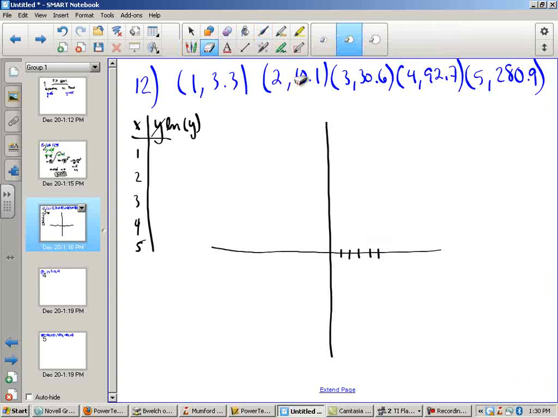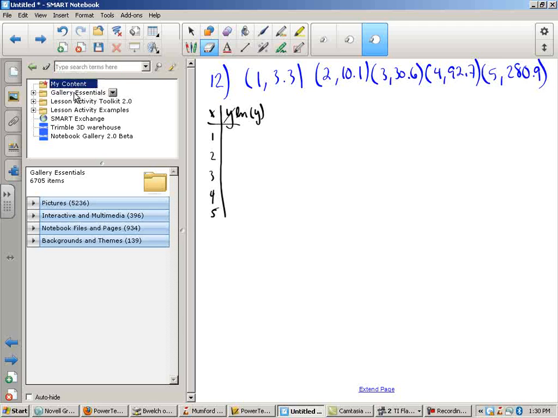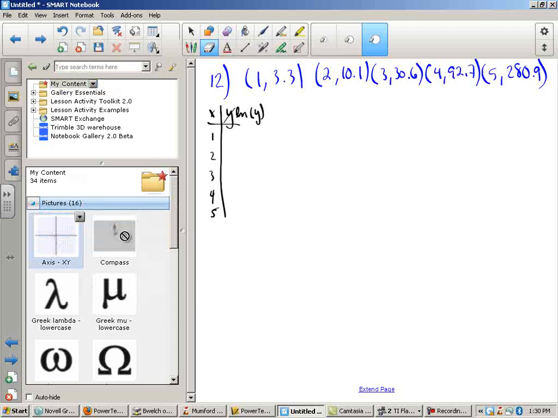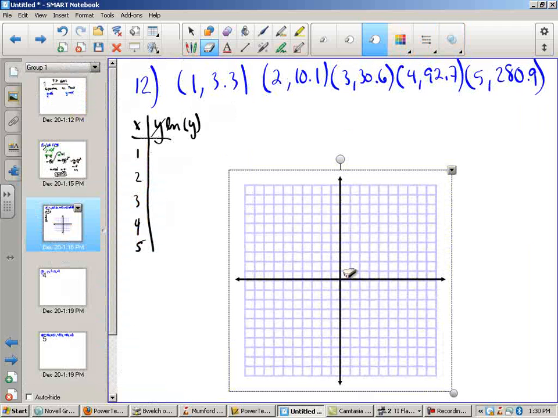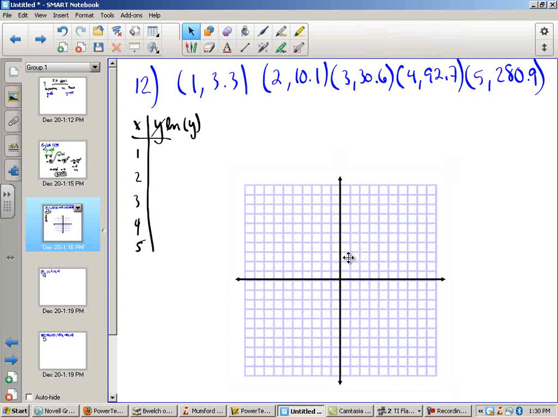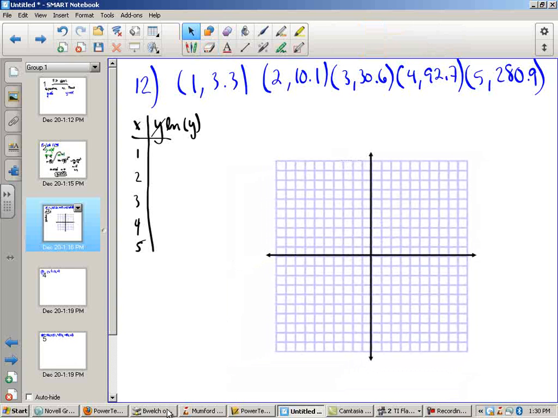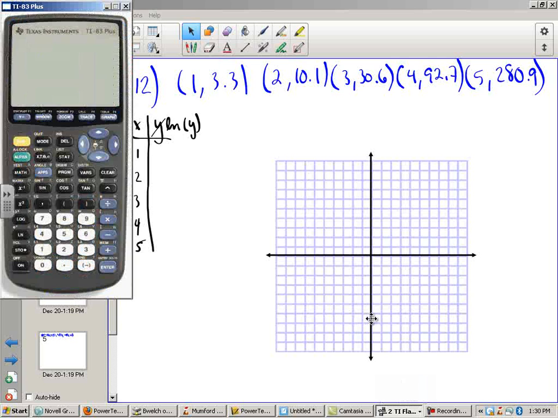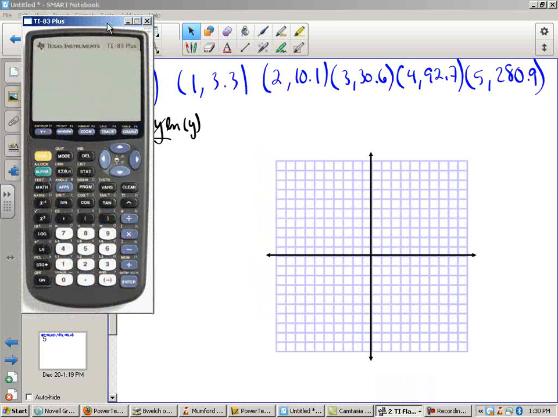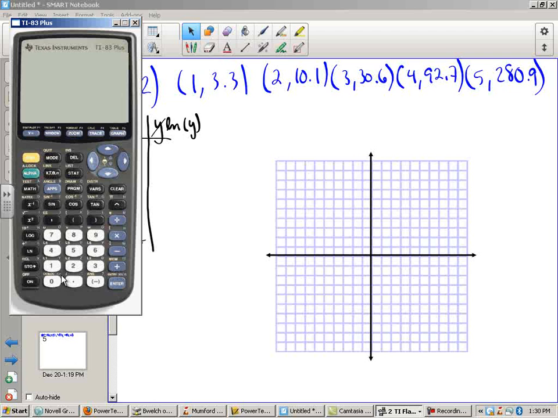And you know, I think I'm actually going to scrap that and put in a better axis. I want this to be as good as I can get it. So there's my axes that I'm going to be working with. I need my calculator to help me make these calculations. So I just want to take the ln of each of these values.